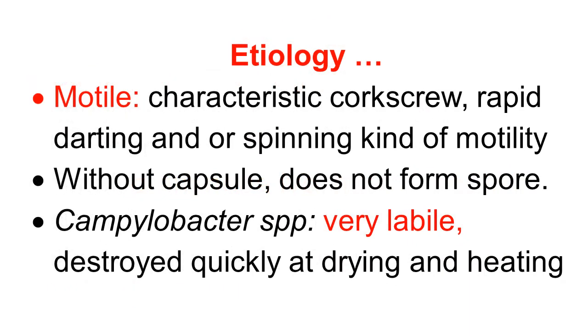We continue with the etiology. The Campylobacter are motile. The motility is a characteristic corkscrew type, just as we turn a cork screw. The motility can be rapidly darting or spinning kind of motility.